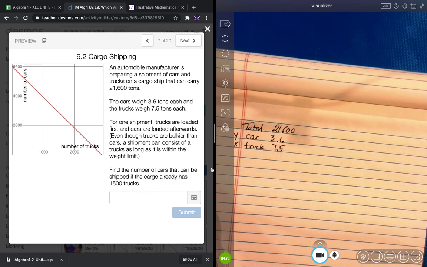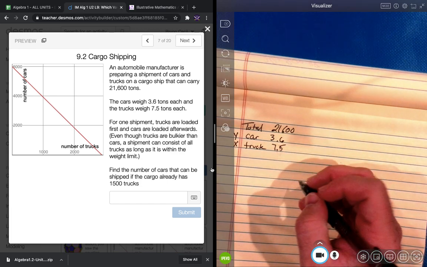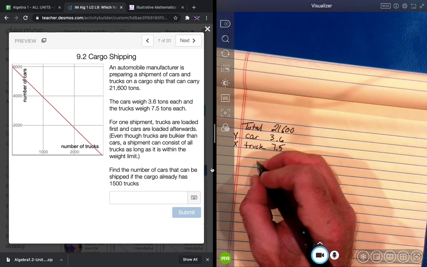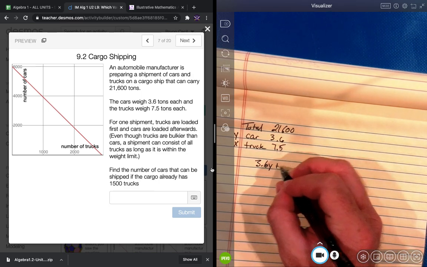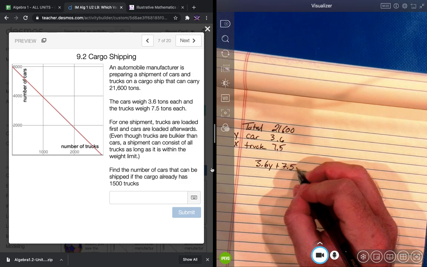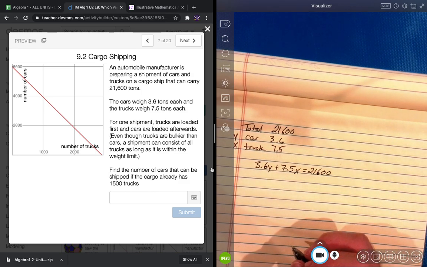1,500 trucks. All right. So now we're going to write this equation. I've got 3.6y plus 7.5x equals 21,600, and it's saying that we have 1,500 trucks.